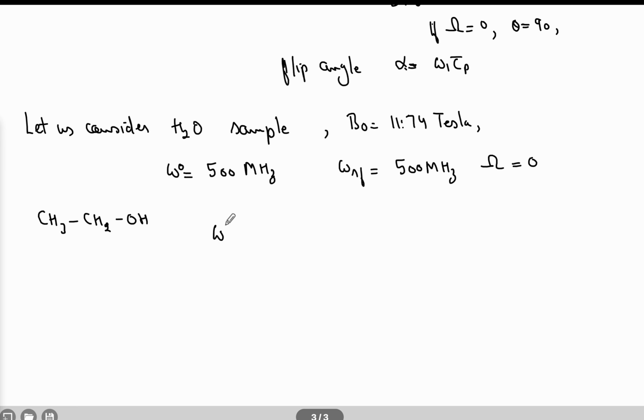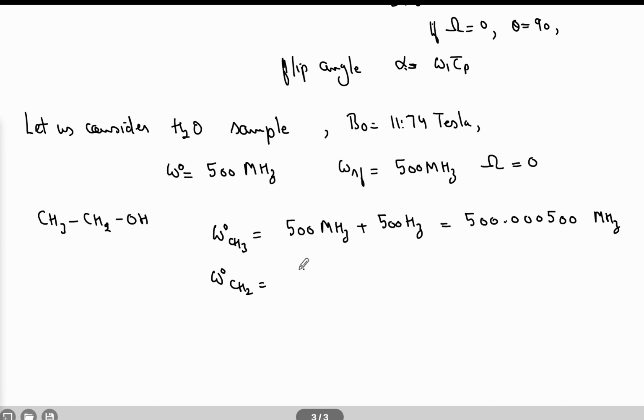So let us say that omega naught for CH3 is given by 500 megahertz plus, let's say, 500 hertz, or this can be written as 500.0005, right? This is now in megahertz. Similarly, omega naught for CH2 is 500 megahertz plus, let's say, 1000 hertz, right?